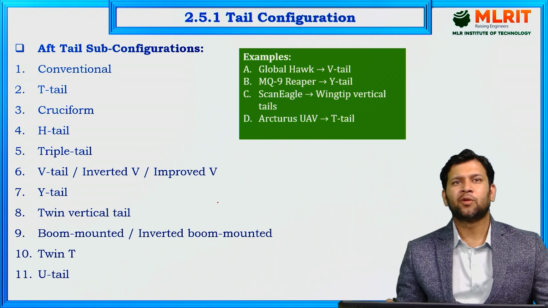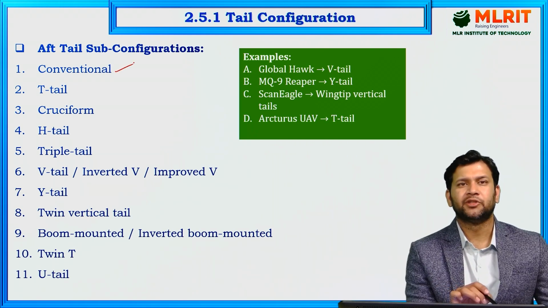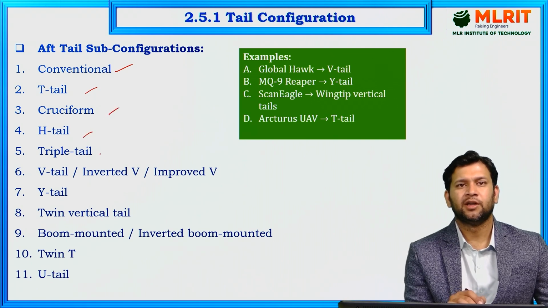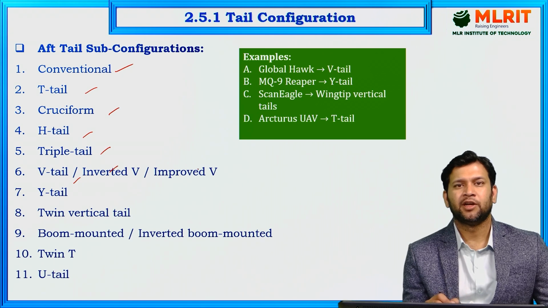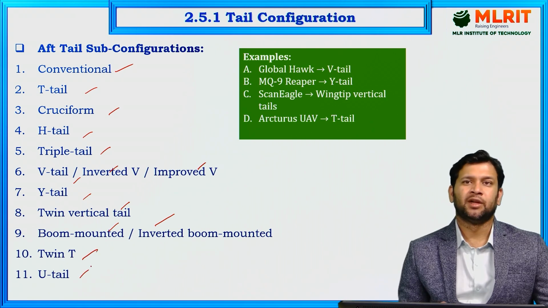There are many sub configurations for aft tail configuration. For example, conventional, T-tail, cruciform, H-tail, triple tail, V-tail, inverted V-tail, improved V, Y-tail, twin vertical tail, boom mounted vertical tail, inverted boom mounted tails, twin tail, and U-tail.